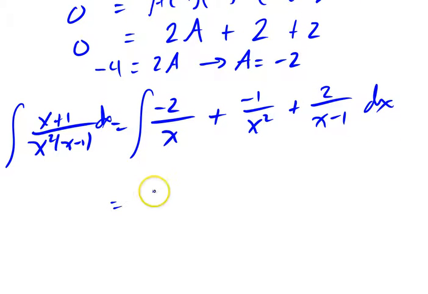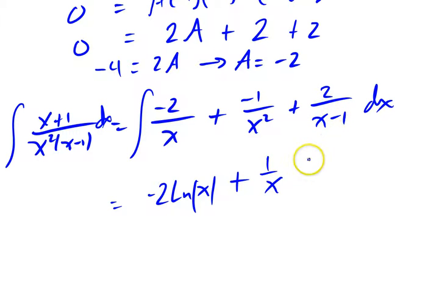This integrates to negative 2 natural log absolute value of x. This is an x to the negative 2, so it integrates to x to the negative 1 over negative 1, but there's already a minus 1 there, so that's just 1 over x. And then this thing with u equal to that denominator, that's going to be 1 over u du, equals plus 2 times the natural log of the absolute value of x minus 1 plus a constant.